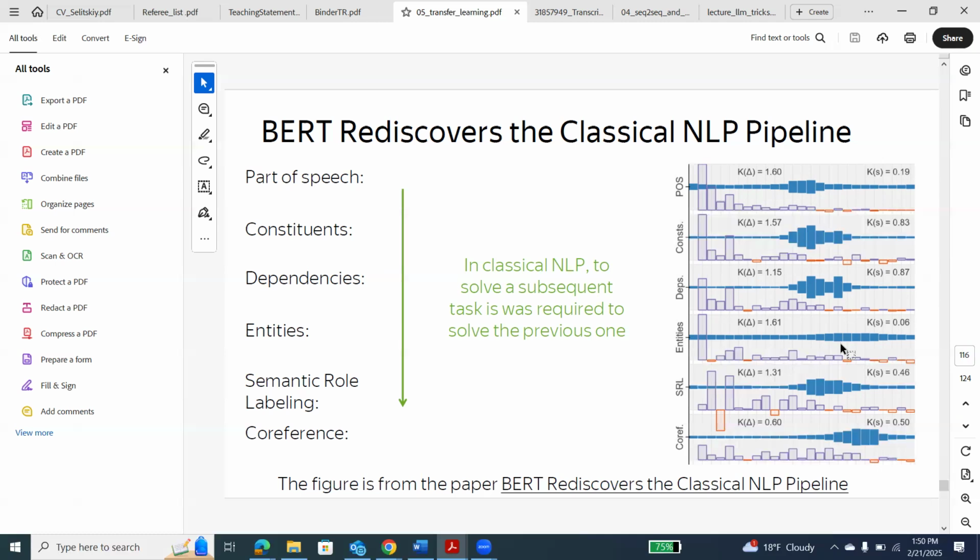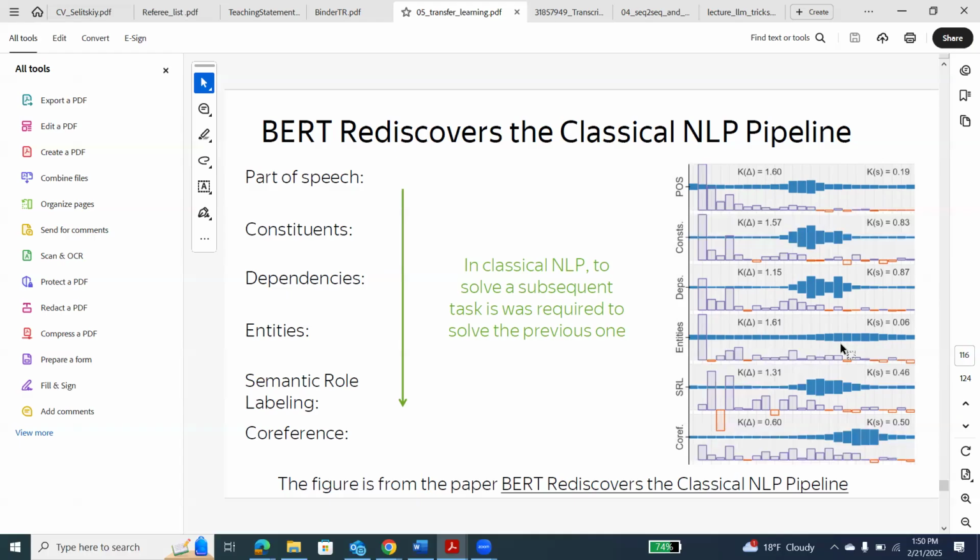So when they looked at the output from BERT model, you can see that shallow layers actually learn these tasks that linguists considered easier. And deeper layers learn more complex tasks.